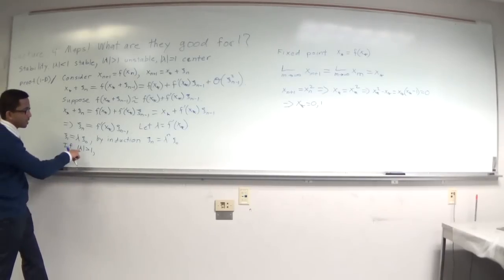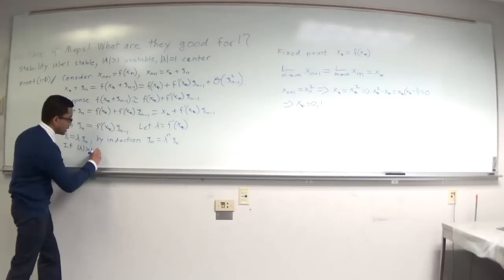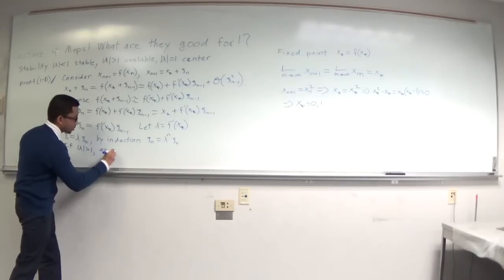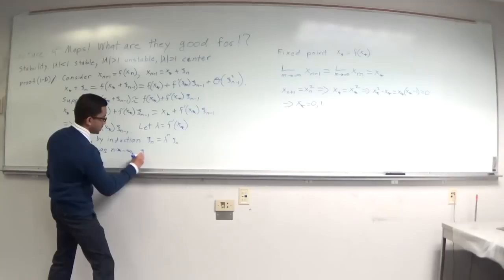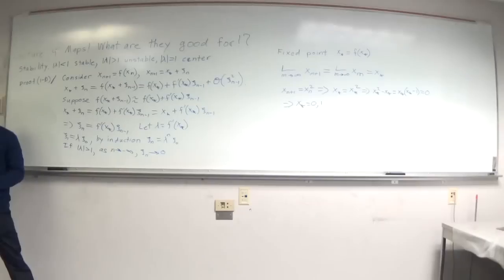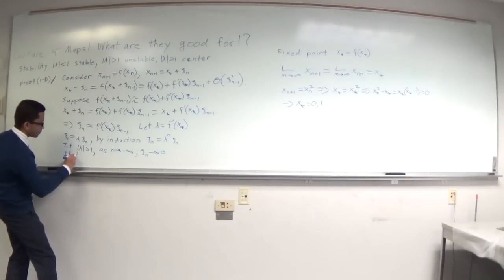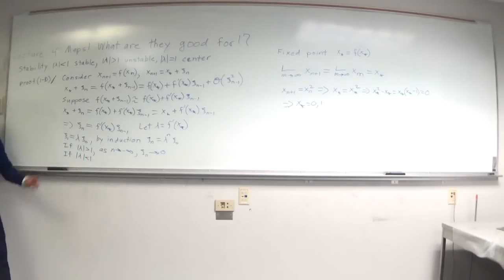So if lambda is greater than 1, then as n approaches negative infinity, Cn goes to 0. And we can say the same thing for lambda less than 1. And when I say lambda, I mean the modulus of lambda.